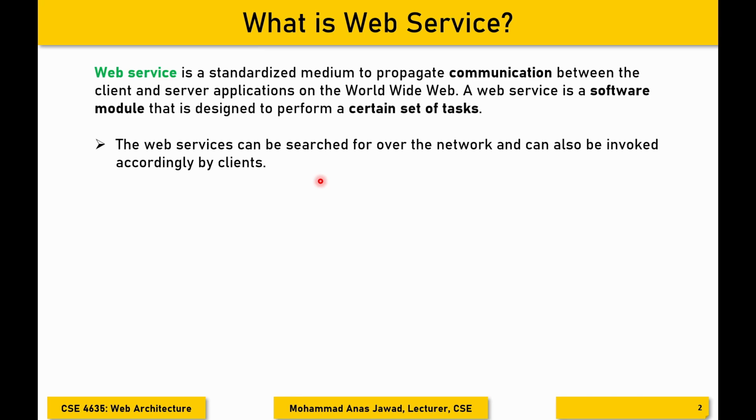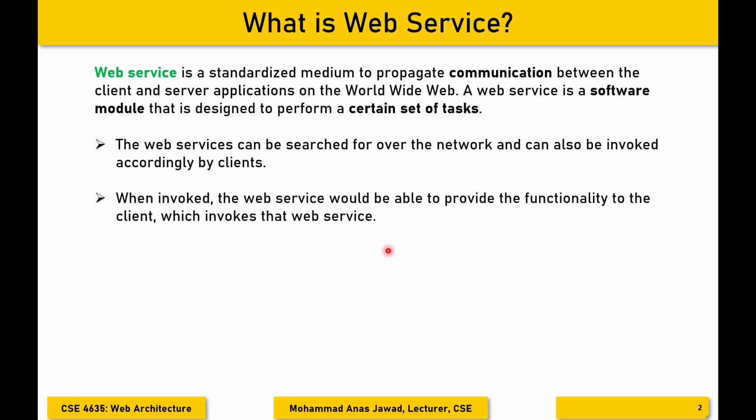That is, they can be searched for over the internet, and given the right address, they can be invoked by clients. When these web services are invoked, they will be able to provide the functionality to the client that invokes that web service. So suppose client A invokes the web service B. Then the web service B will provide some service to the client A. So that's how the web service works.